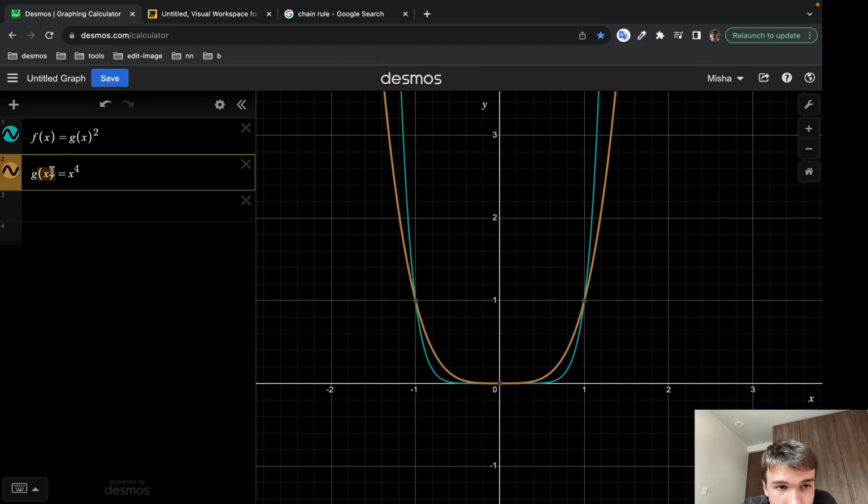And what is our g of x? It's basically x to the power of 4. And the reason I'm saying that this is x to the power of 2 and not the function g and then the power of 2 is because g becomes a number, and this number is basically our x. Okay, so the output of g of x becomes our x.